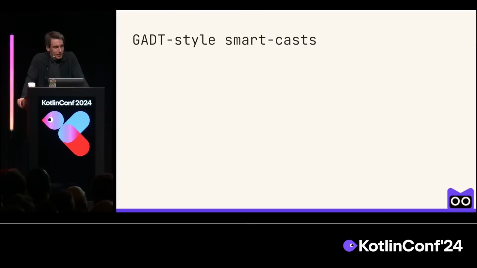GADT-style smartcasts. Here I'd like to start with a short terminology problem, because GADT stands for generalized algebraic data types, and we don't use this term. So this term comes from functional programming languages and type theory, and we don't usually refer to this term in Kotlin.